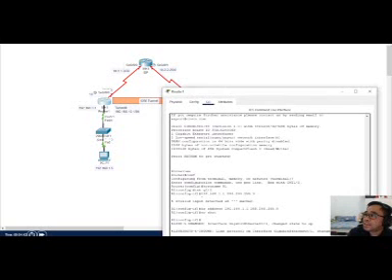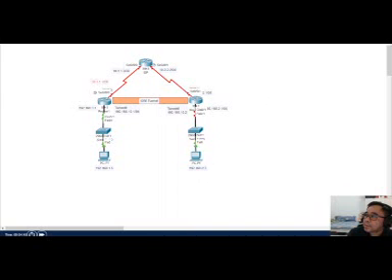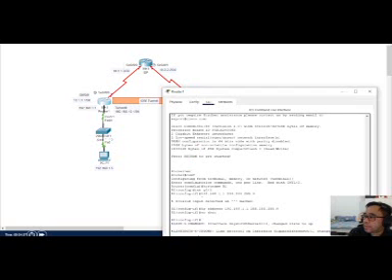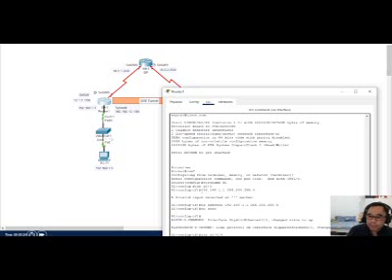What's the IP address for this? 10.1.1.1, subnet 255.255.255.252. Okay, no shutdown.